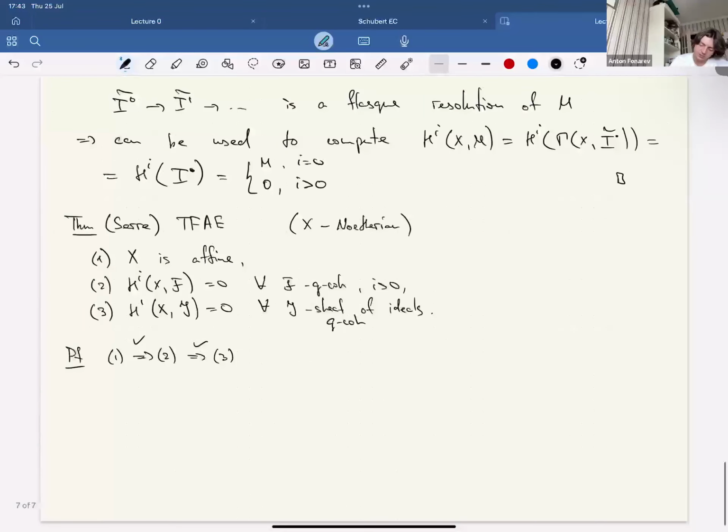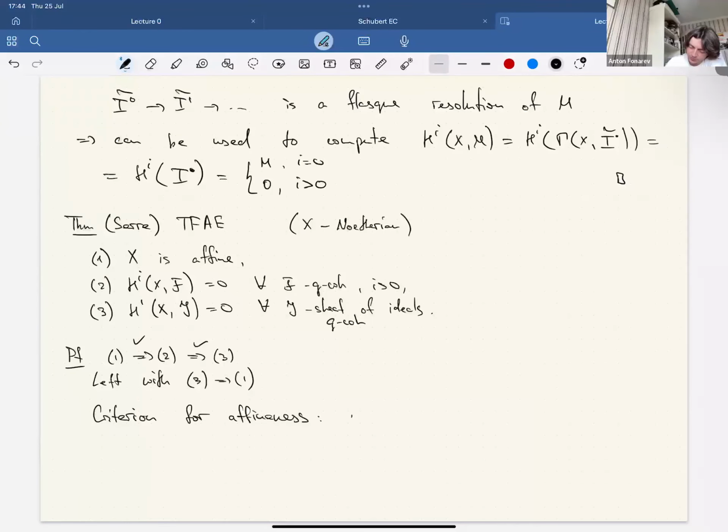So we're left with 3 implies 1. And let me remind you that there is the following criterion for affineness. The criterion is very commonly used. It's a very good exercise if you have never seen it before.